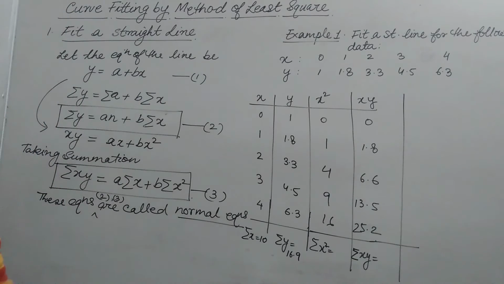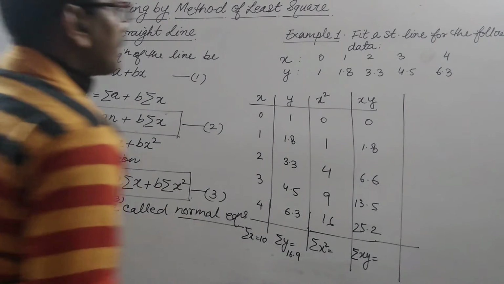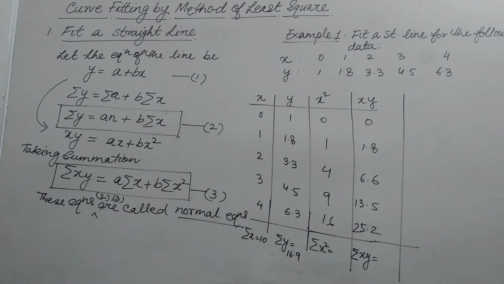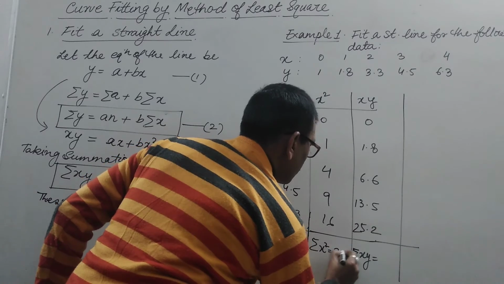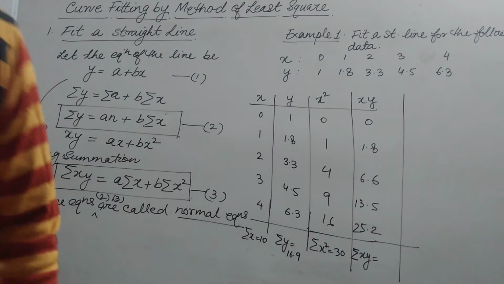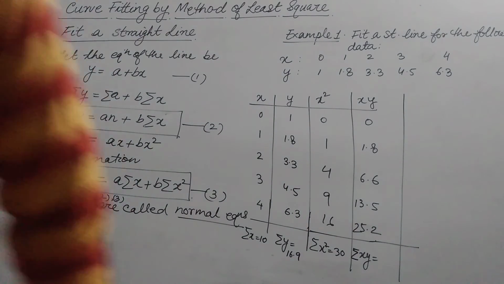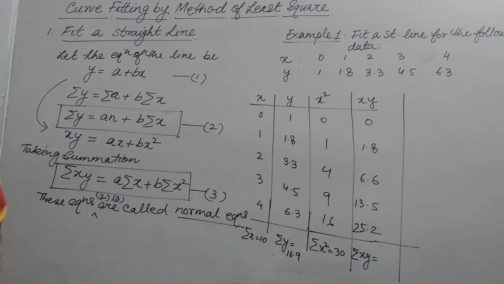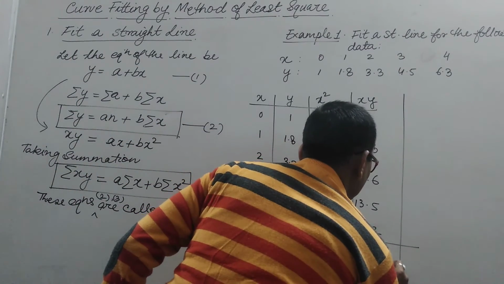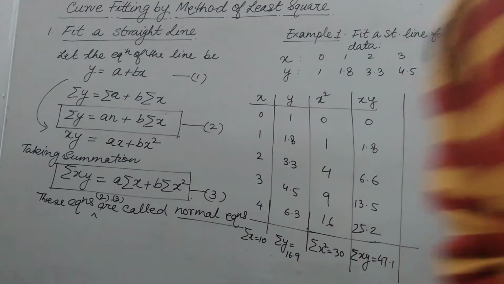Sigma x square is 30. Sigma xy is 47.1. Okay, you get this.